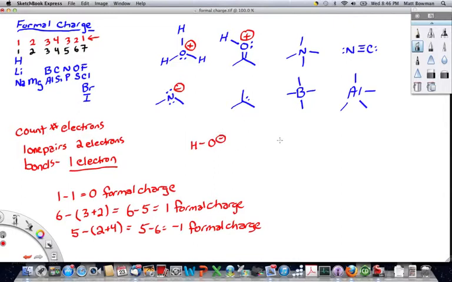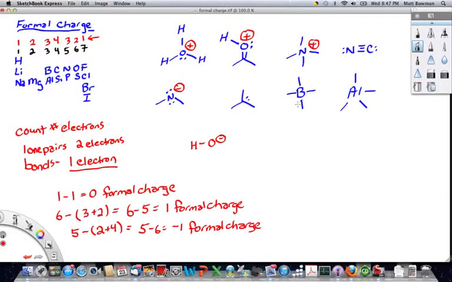It should become second nature when you draw these structures to draw the formal charges in. Oxygen with 3 bonds, positive. Oxygen with 1 bond, negative. Nitrogen with 2 bonds, negative. Nitrogen with 4 bonds, positive. Boron and aluminum, they each form 3 bonds.